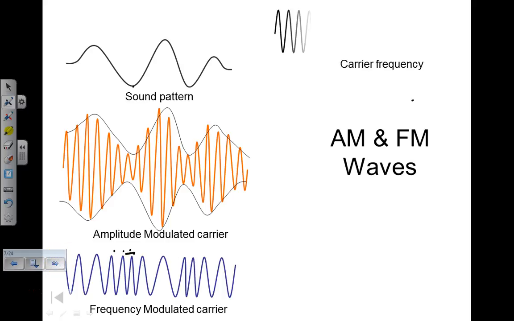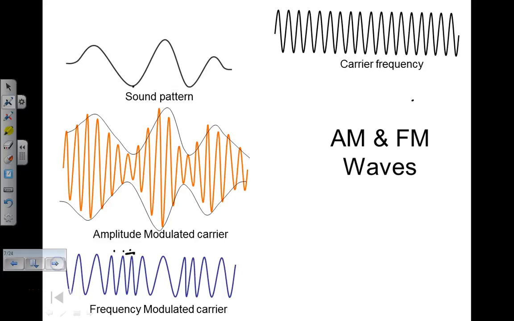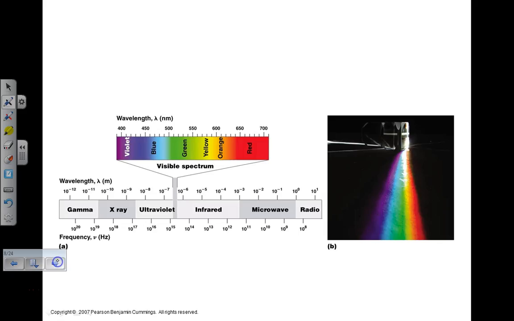Okay, and so I'll skip over that. And so here is the breadth of all the different parts of what we call the electromagnetic spectrum. The electromagnetic spectrum is split into 7 regions, from gamma rays all the way down to radio waves.